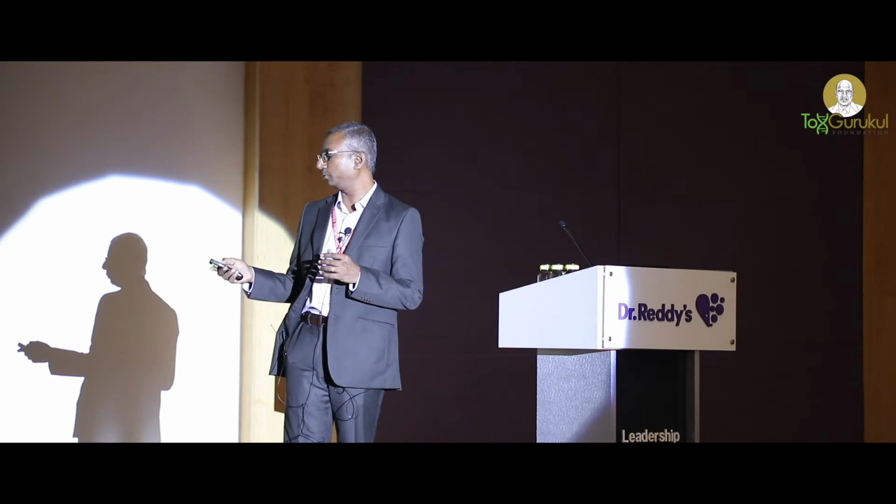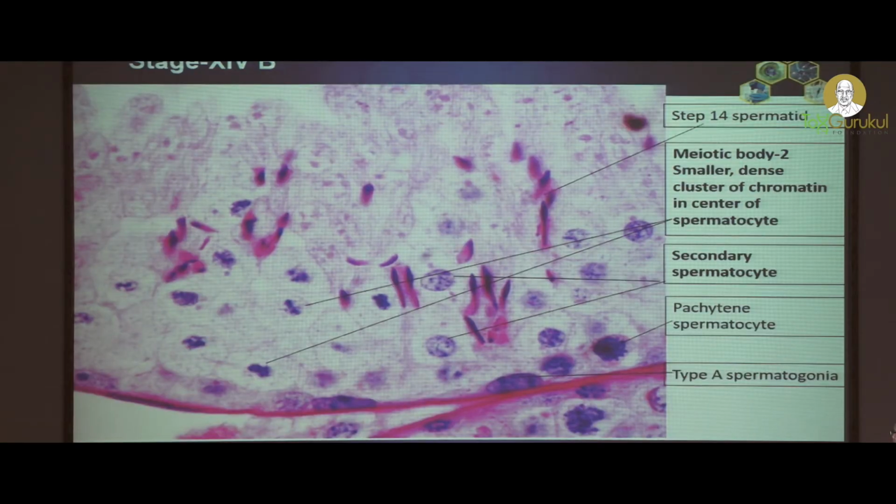The last stage is stage 14. The second meiotic division happens here, and this is characterized by the clustering of the chromatin material, and fine spindle fibers can also be seen here.